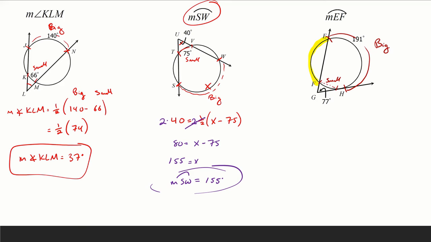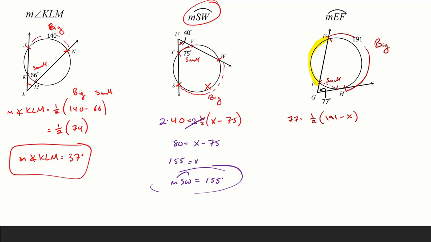Once we know what the small arc is, then we add the small arc and the big arc, and we're going to subtract that from 360 to give us the measurement of arc EF. And so we start with 77 is equal to half of the big arc, which is 191, minus the small arc, which we're going to call X.